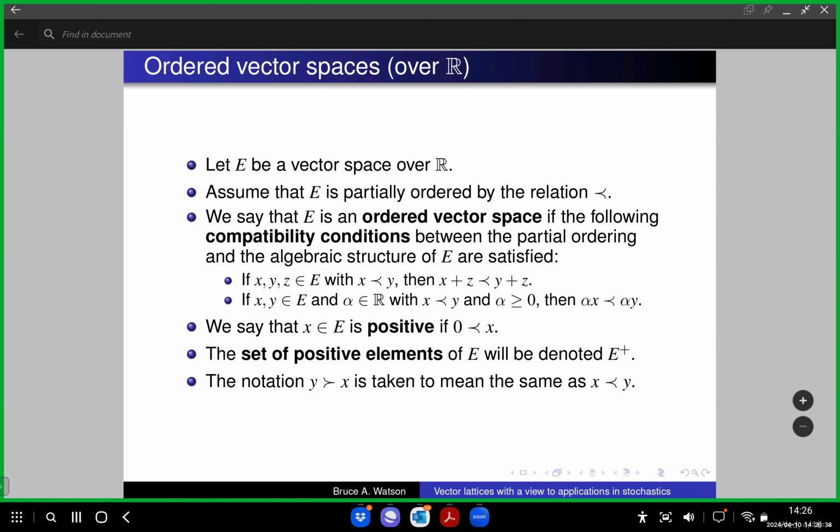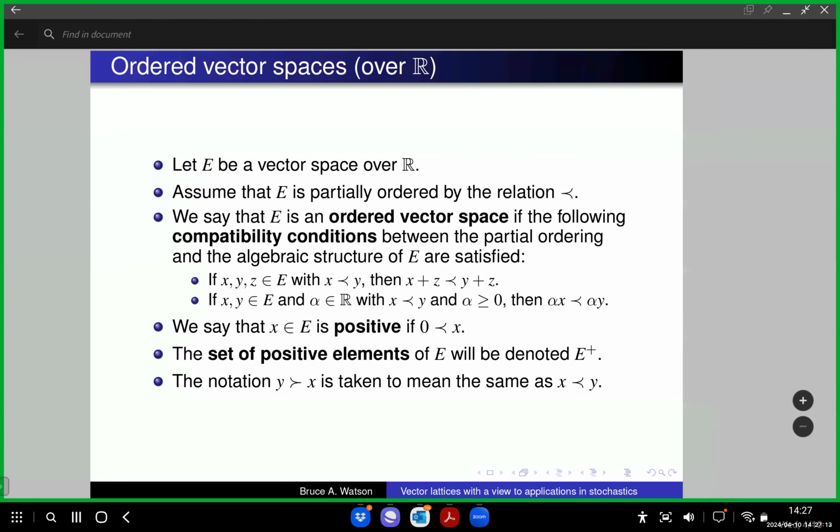This is what is called a cone, but we will deal with that in the second lecture of this series next week. For the moment, we are just letting E plus denote the set of positive elements without talking about its structure any further. And one point of notation, we say that Y is a successor of X as being the same as X is a predecessor of Y, the last bullet point.